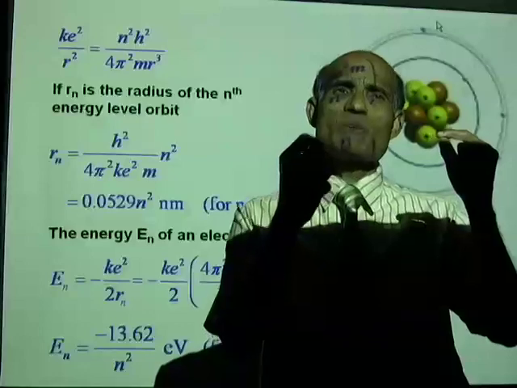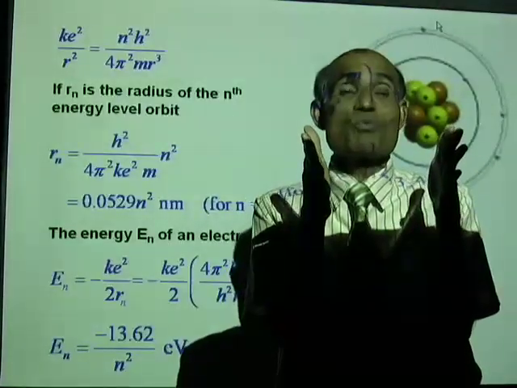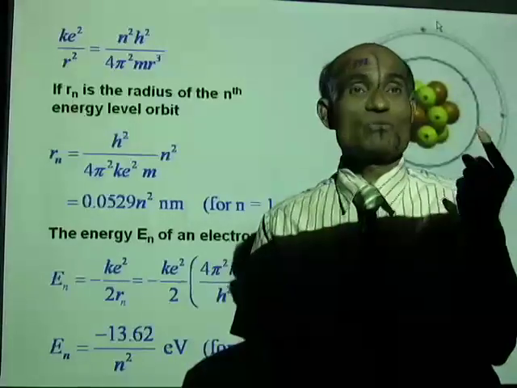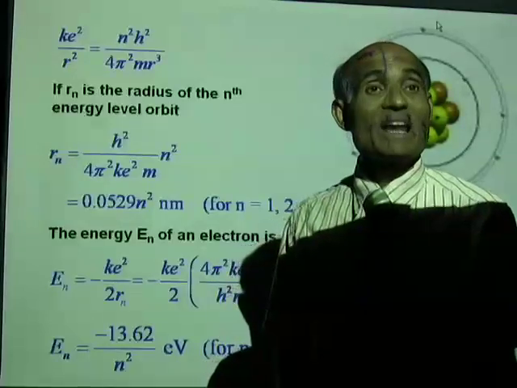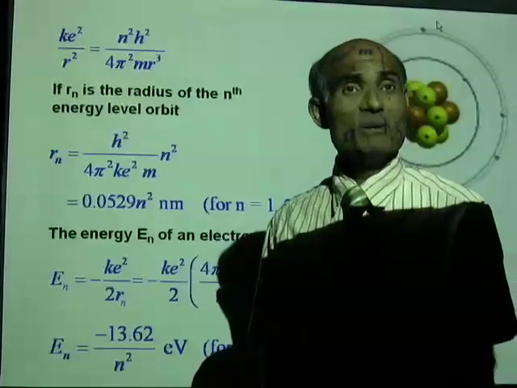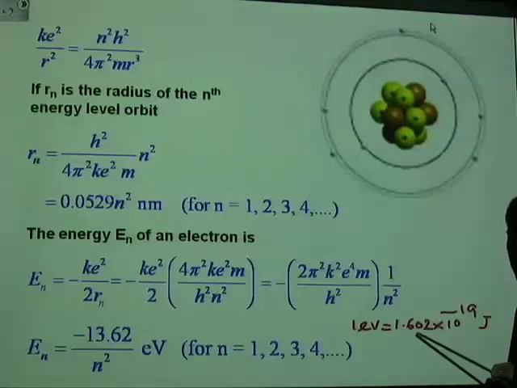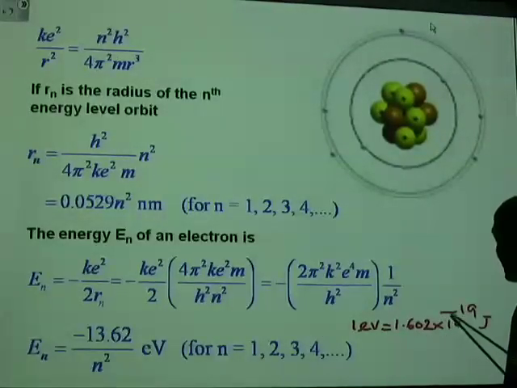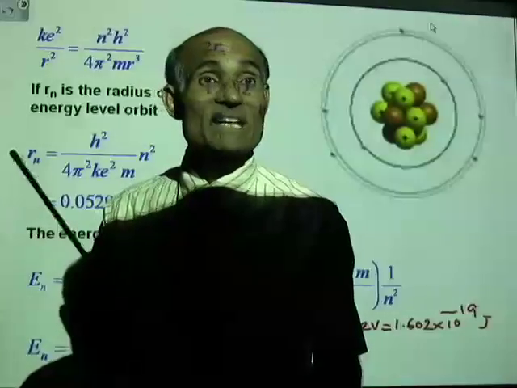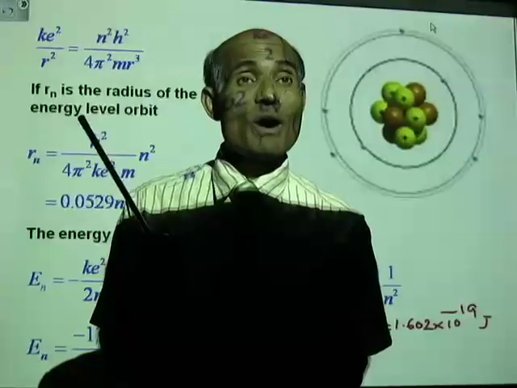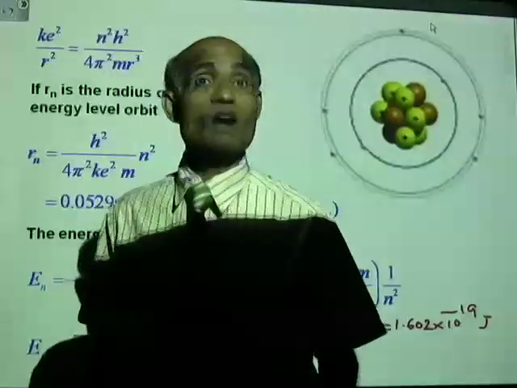The energy acquired by an electron when it is accelerated by a potential difference of 1 volt is 1 electron volt. And what is the relation between a joule and an electron volt? Does anybody know? Well, 1 electron volt is 1.602 times 10 to the negative 19 joules, a measure of the kinetic energy an electron will acquire when accelerated by a potential difference of 1 volt.